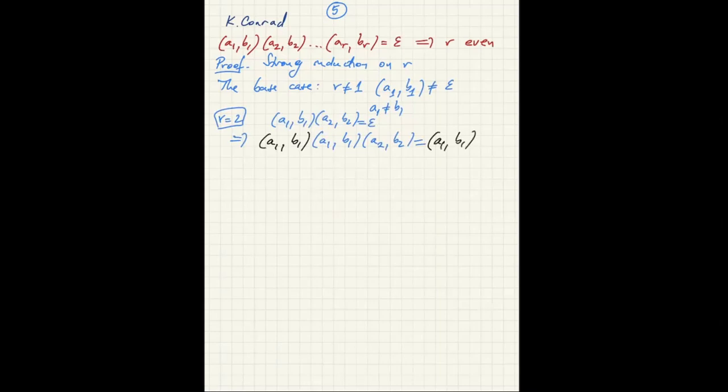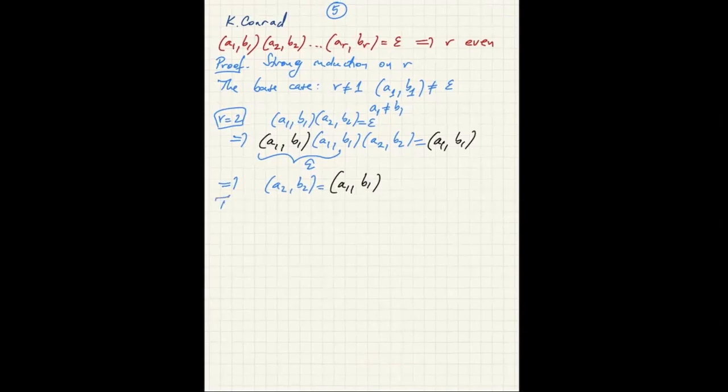But now these two permutations give me the identity, because a transposition times itself is the identity, and we end up with A2 B2 equals A1 B1. This confirms the obvious fact that the only way a product of two transpositions can equal the identity is if they're identical, but it can happen. So in that case, R equals 2, and that confirms this base case. So this is pretty trivial.